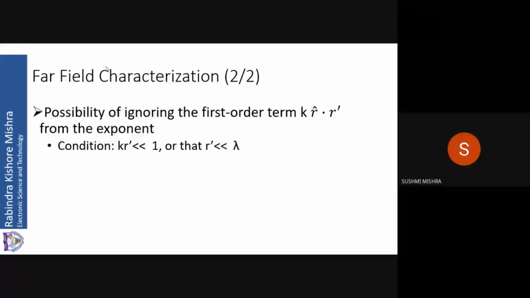So k r dash much less than 1 again implies that r dash is much less than lambda. R dash much less than lambda means the size of the source, and the distance of the source from the origin, is very small compared to the wavelength. If that happens, only then we can neglect this first order term.